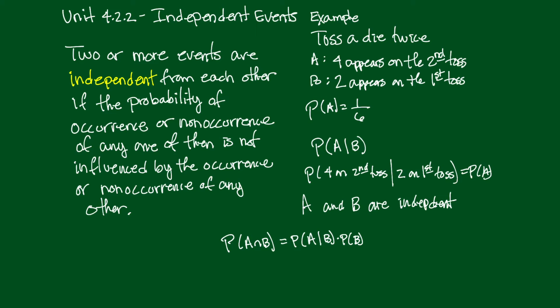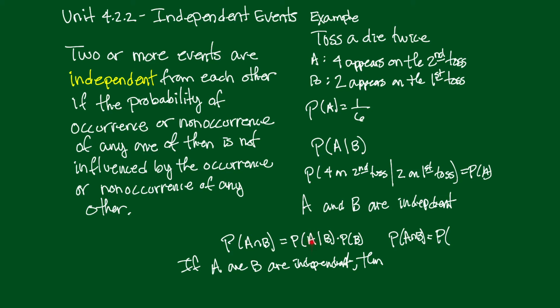Now, if A and B are independent, what's the probability that A and B occur?